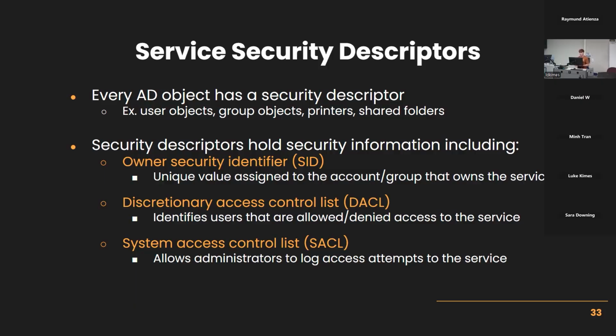It can be who's allowed to modify a service, who's allowed to start a service, who's allowed to stop a service. The actual syntax of these security descriptors, which you can get through PowerShell if you want to look at them, is basically just a letter with a bunch of delimiters and then a bunch of random characters that correlate with the different descriptors of the security access for that service.